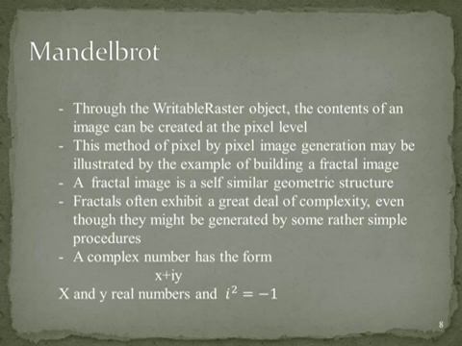Through the WritableRaster object, the content of an image can be created at the pixel level. This method of pixel by pixel image generation may be illustrated by the example of building a fractal image. A fractal image is a self-similar geometric structure.